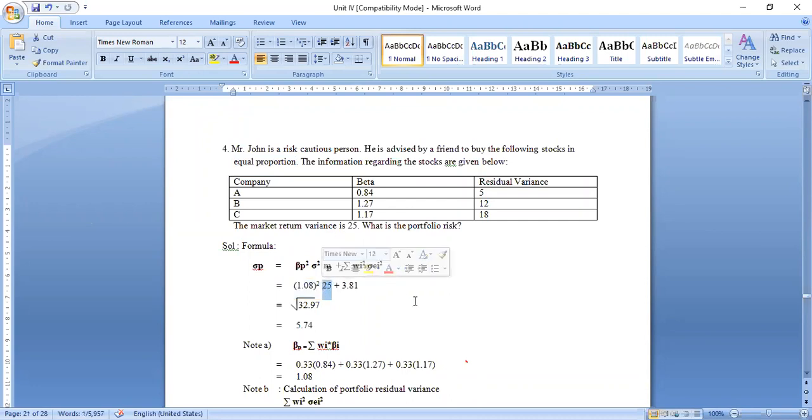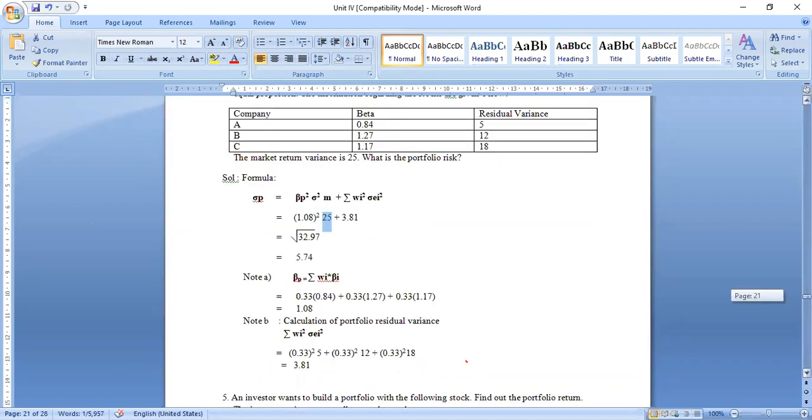Now the second note is the calculation of residual variance. Here also the weights remain the same, that is 0.33 square into the residual variance values, which are already given, so we just insert them. If it is standard deviation, then we need to square it.